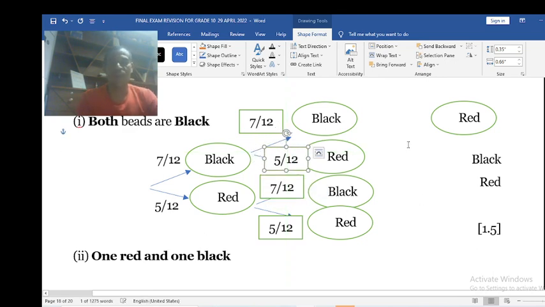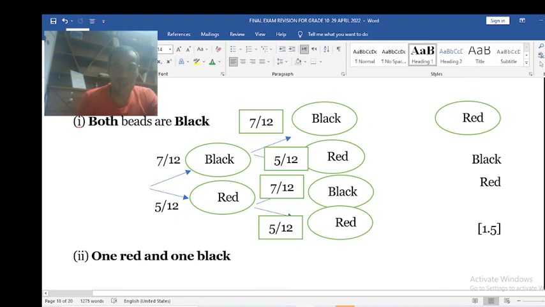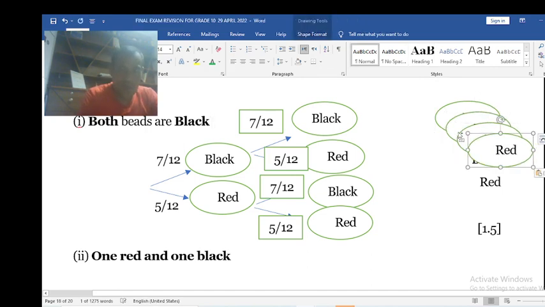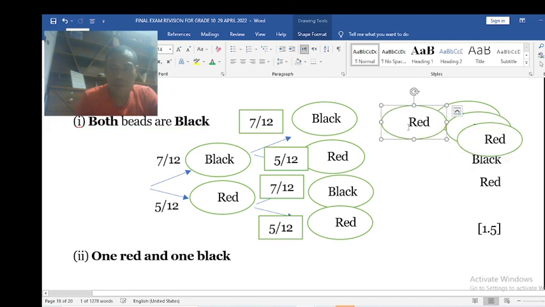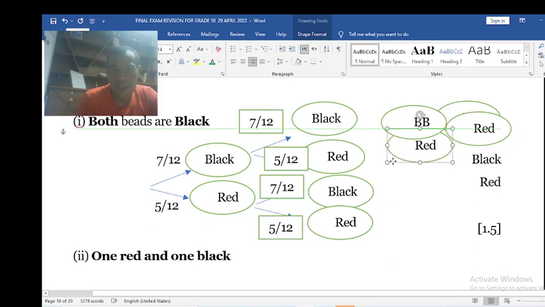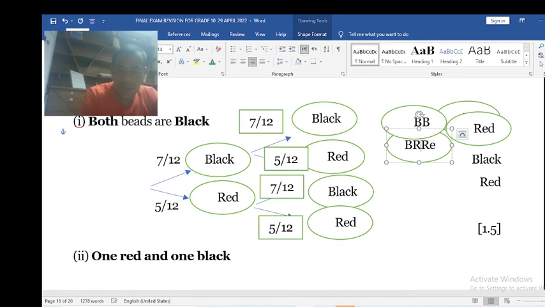So now I have finished it. So here the outcomes, learners, are black, red. I will write here black. Copy. This is the outcomes. I will make red. So black. I will erase all the rest. Then here I get, let's say, black, red.